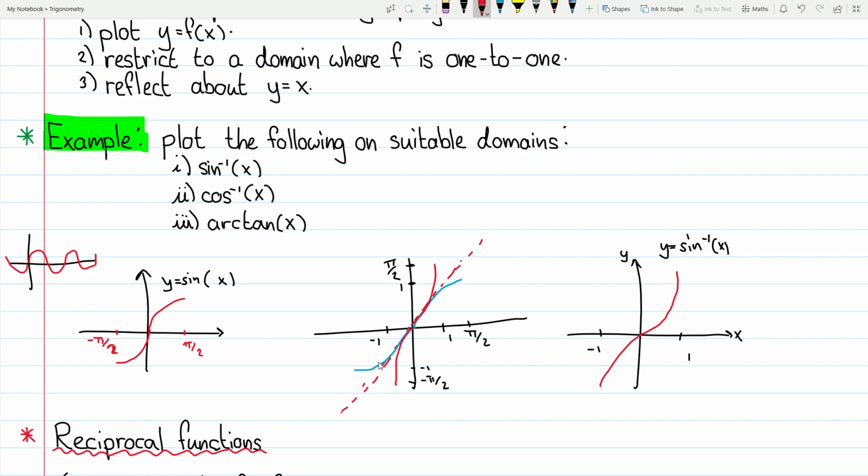The inverse is this red. Now we've plotted the reflection, put on the points of the minimums and maximums, etc. And this is our inverse function. You can do the same with cosine and tangent. I encourage you to have a go at those problems.